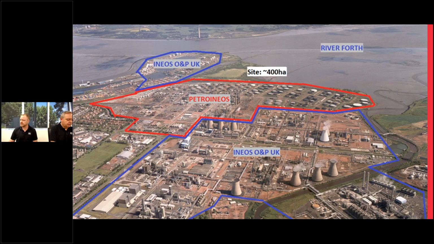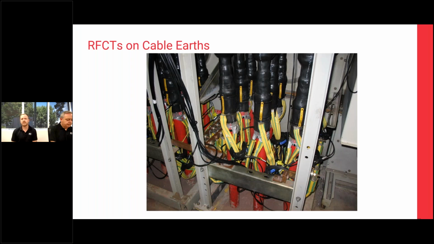Now, this place is fed by 18 33 kV single core cables from a power station, and those cables are critical. On those cables, in the past, they'd experienced a couple of failures, and the company INEOS approached EA Technology to come and install some monitoring and figure out what's going on.